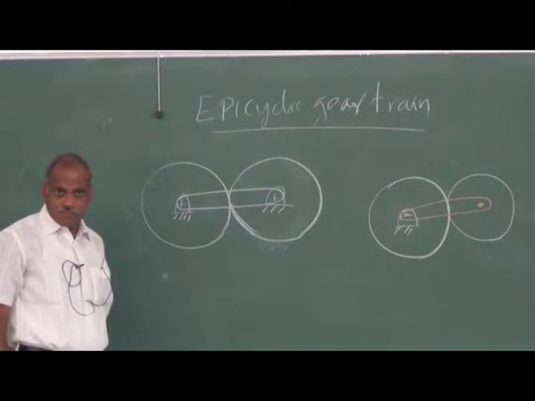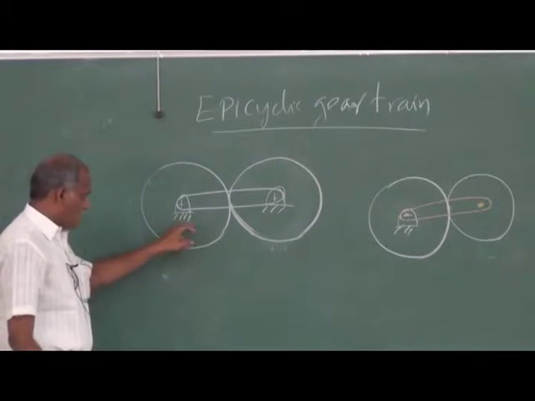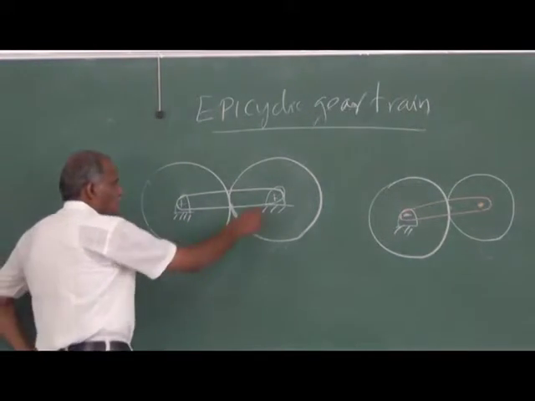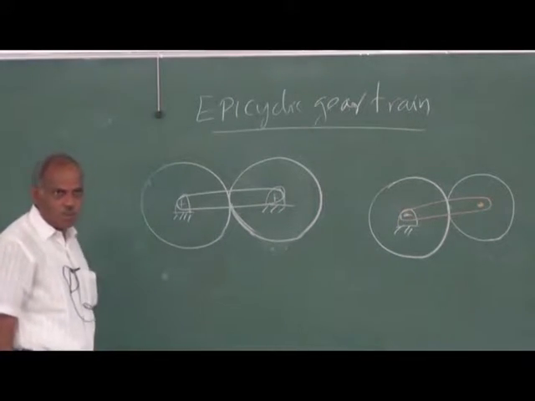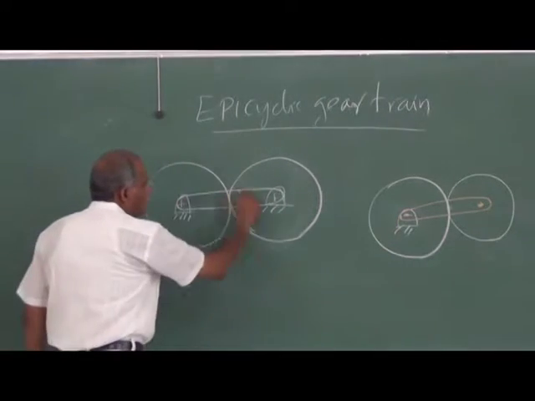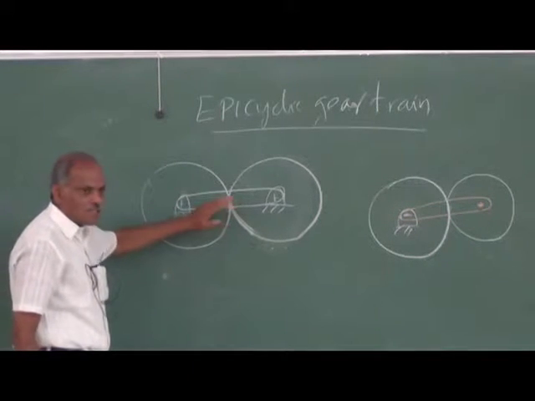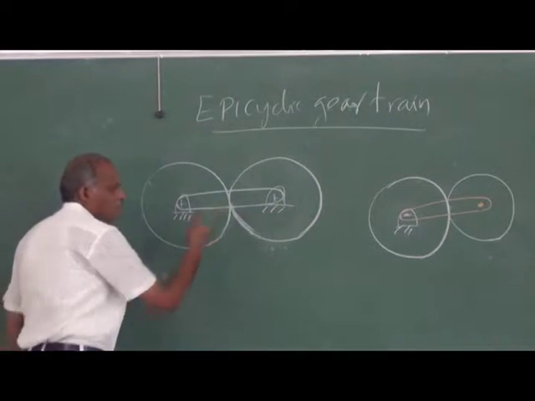Each gear is rotating about a center, and this center is fixed to the ground. Or you can think of something which is connecting the two centers, and that is also fixed.